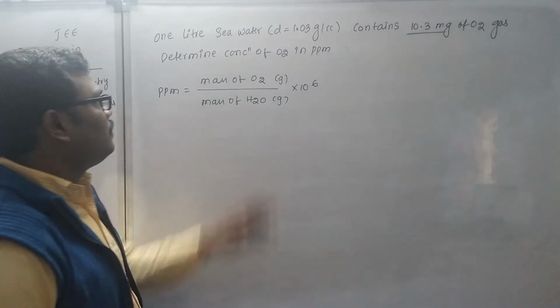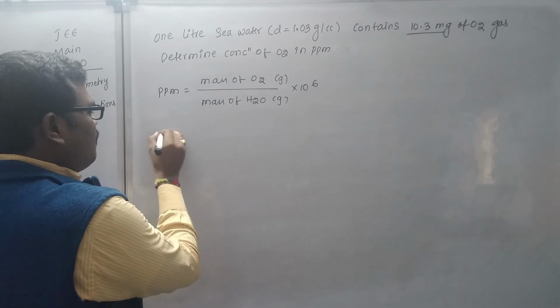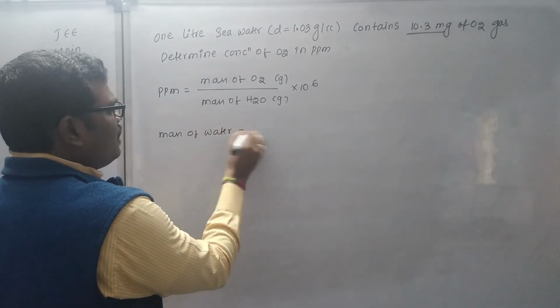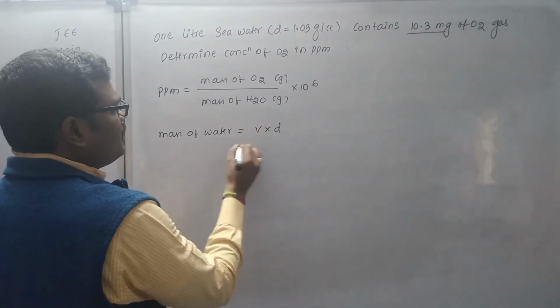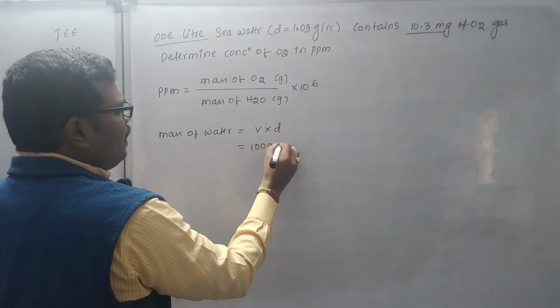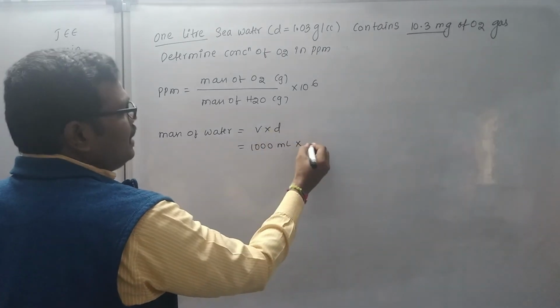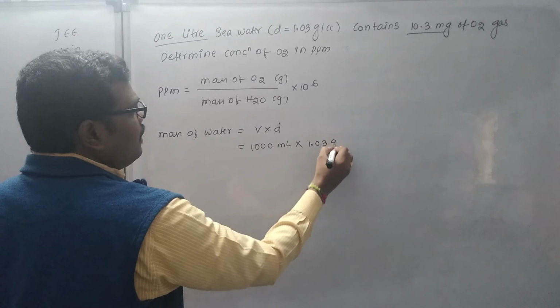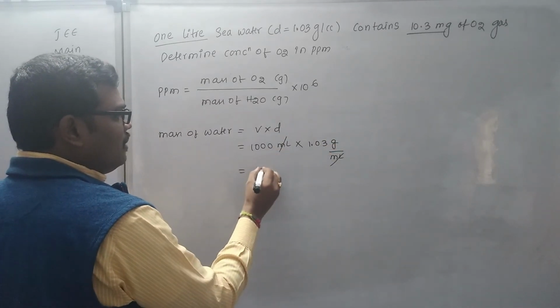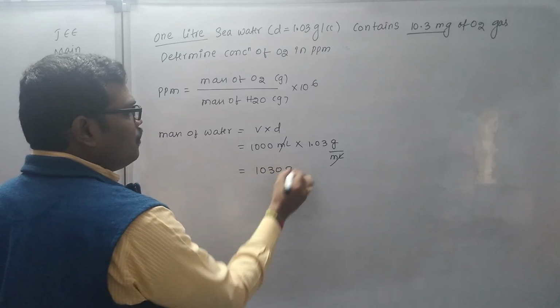Here volume of water is given, so mass of seawater is equal to volume times density. Volume is 1 liter, 1 liter is equal to 1000 milliliters, times density 1.03 gram per milliliter. Milliliter gets cancelled, then we get 1030 grams.